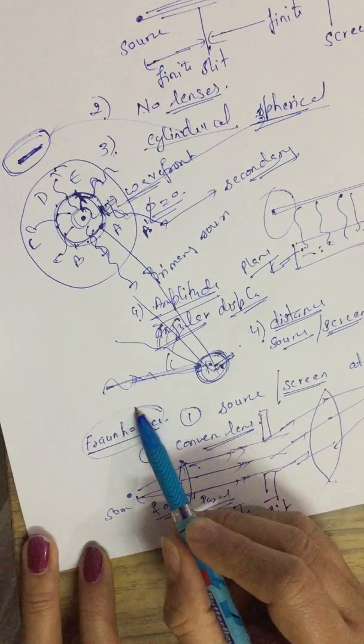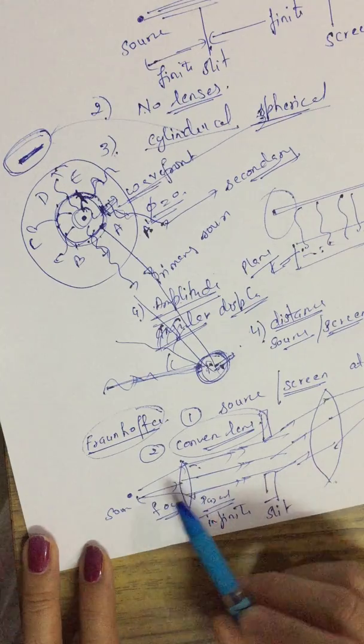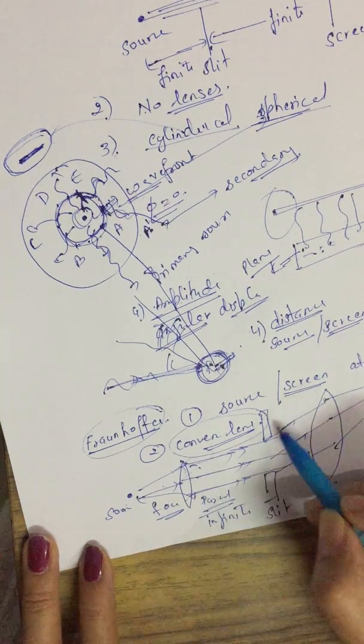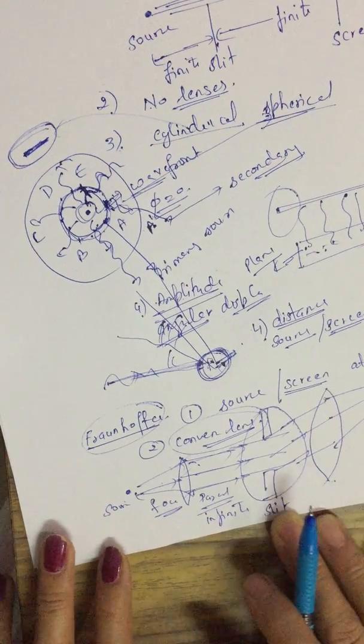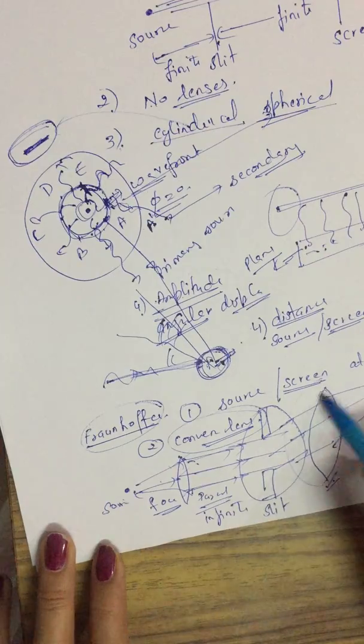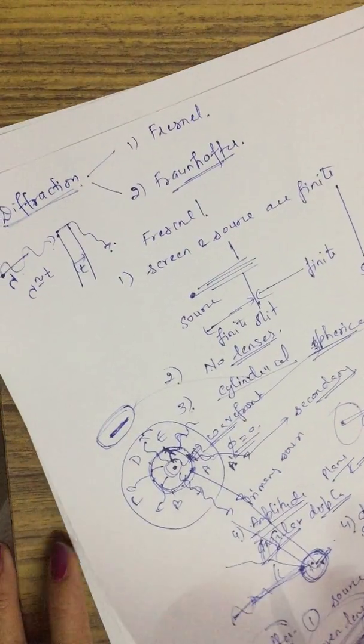In case of Fraunhofer diffraction, we are using a convex lens to make the source appear at an infinite distance from the slit, and a second convex lens is used to converge all the rays at a point on the screen. So these are the two types of diffraction, that is Fresnel diffraction and Fraunhofer diffraction.